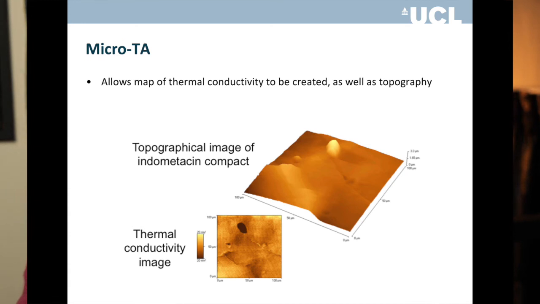What that's telling you is it's likely, but not definitive, that the majority of the surface of your material is a polymer, and that one area where something is sticking up is likely to be something else, in this case a drug.